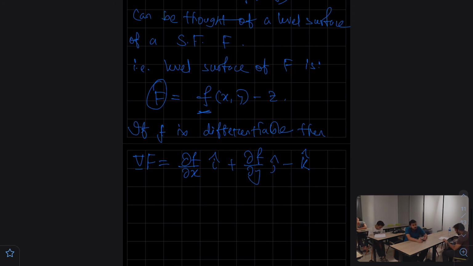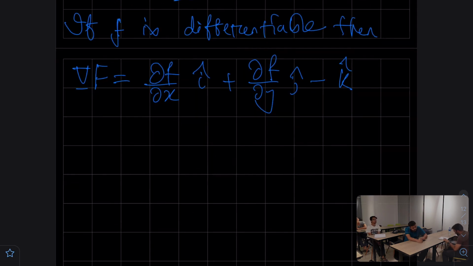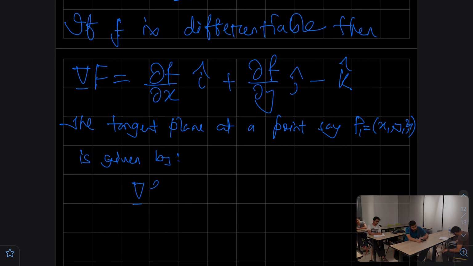Now the tangent plane at P1 is given by, and I'm going to just derive it. At a point, say P1, which has coordinates x1, y1, z1. We know how to find a tangent plane at a point, no?